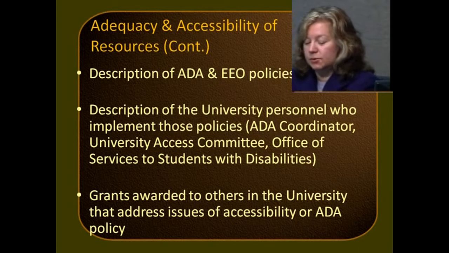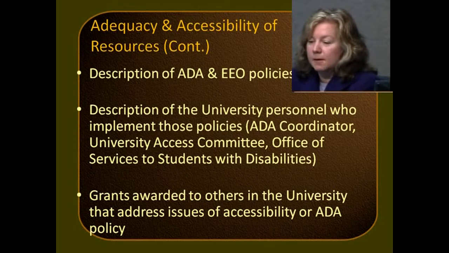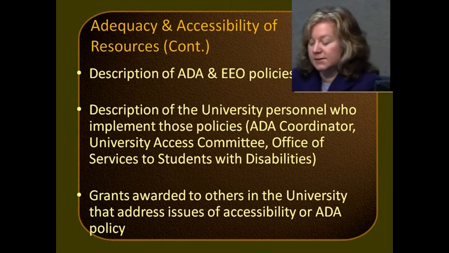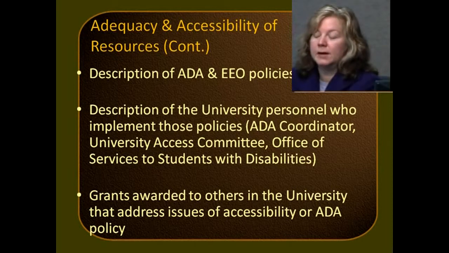Another thing that I like to include here is another appendix where you might list any policies and procedures that your agency has. That's just pointing the reader to a place where they can read further about how you're implementing ADA.